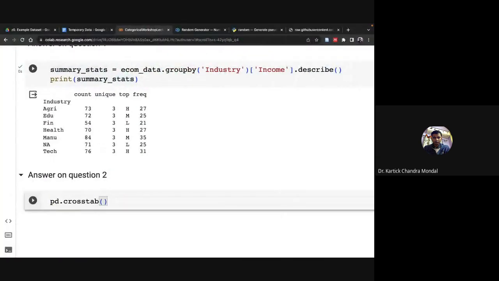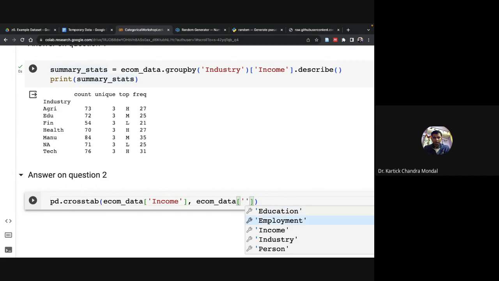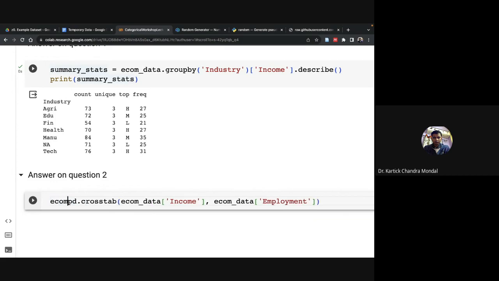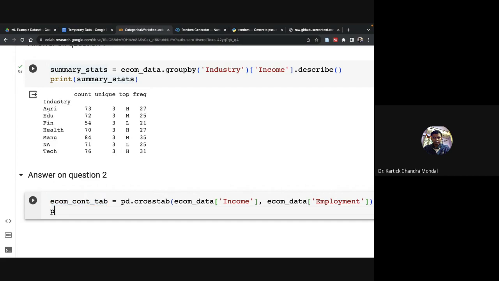So ecom data income, comma, ecom data employment, and what will it generate? Ecom cont tab. Print this.